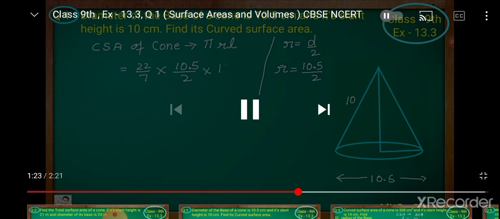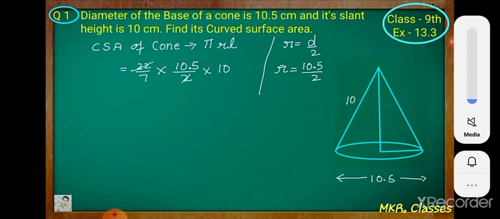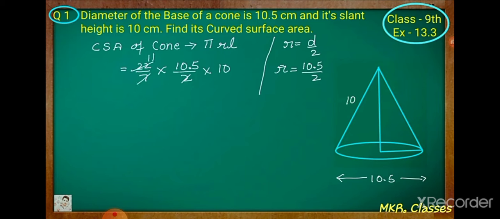When we put in the values, 22 can be cut by 2, giving 11, and 7 cuts 10.5, giving 1.5. Now 1.5 multiplied by 10 is 15, and 11 into 15 is 165. So this is the solution of the first question.